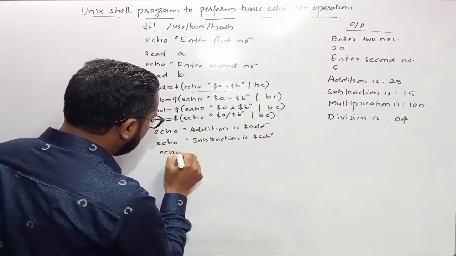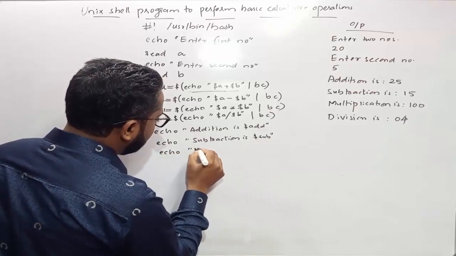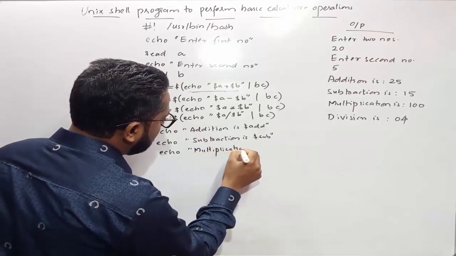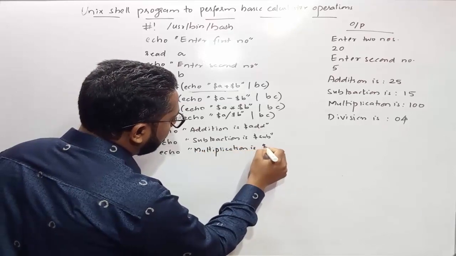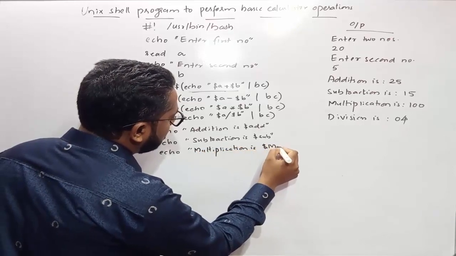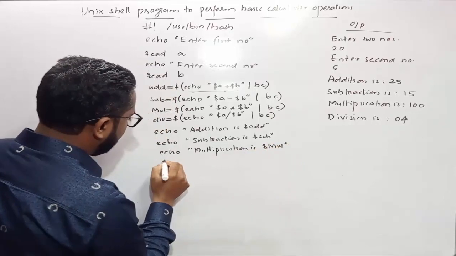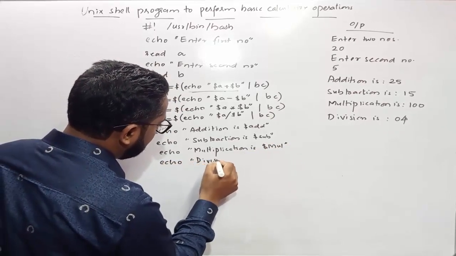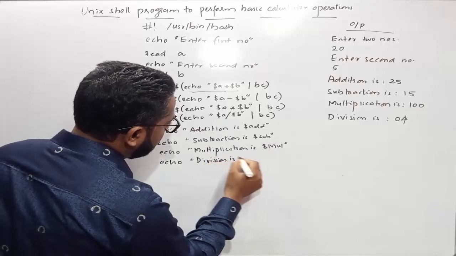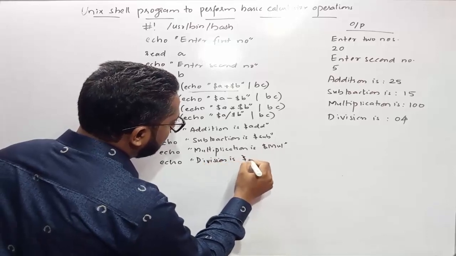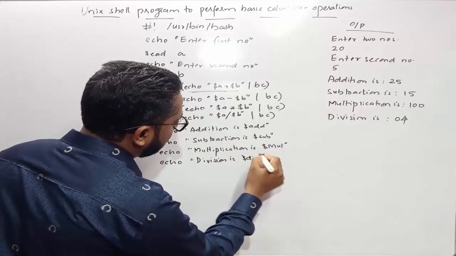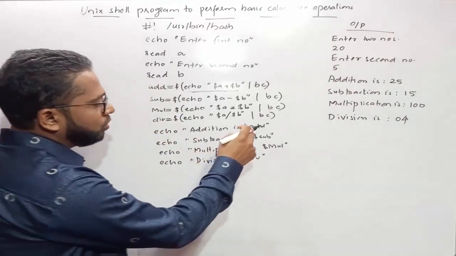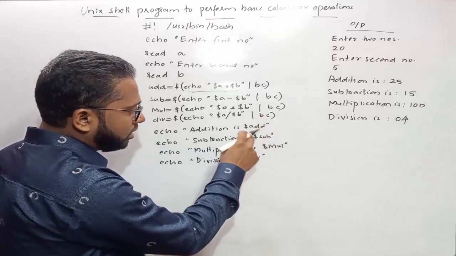Then echo multiplication is dollar mul. Then echo division is dollar div.